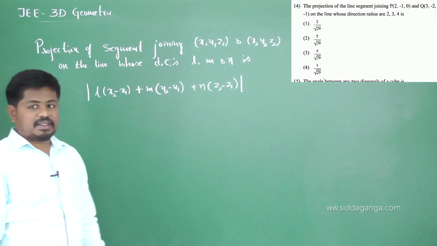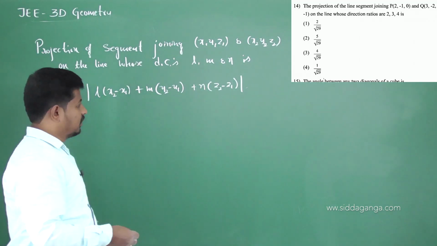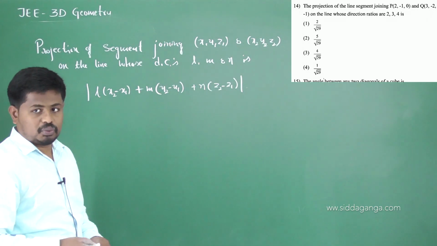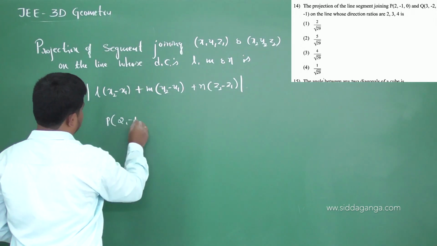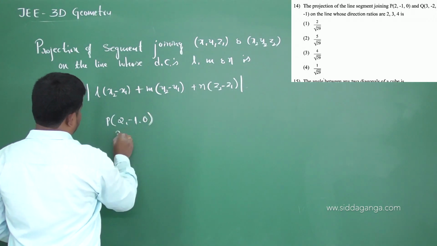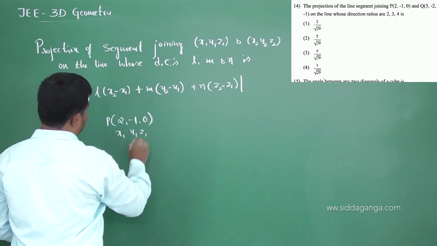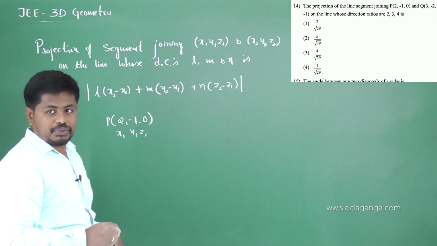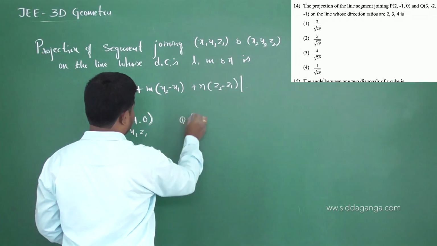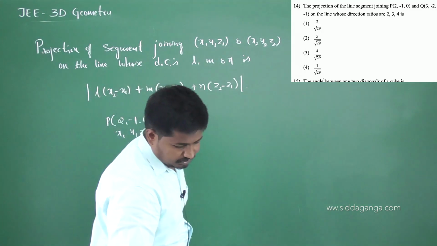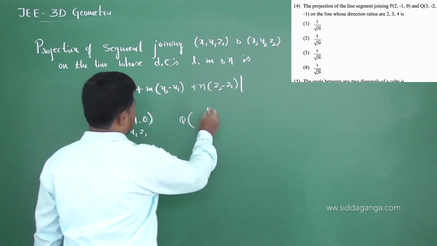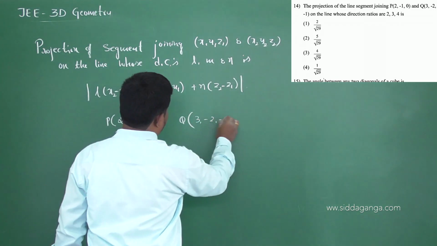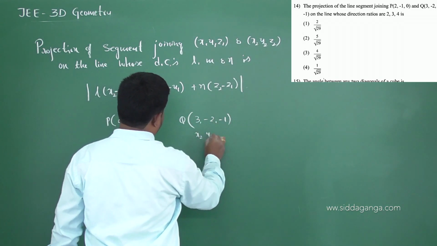Here in this case, they have given two points: P is (2, -1, 0), let us take this as (x1, y1, z1), and the point Q is (3, -2, -1), which is (x2, y2, z2).